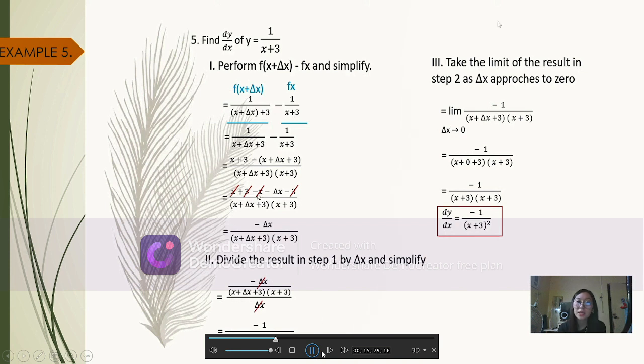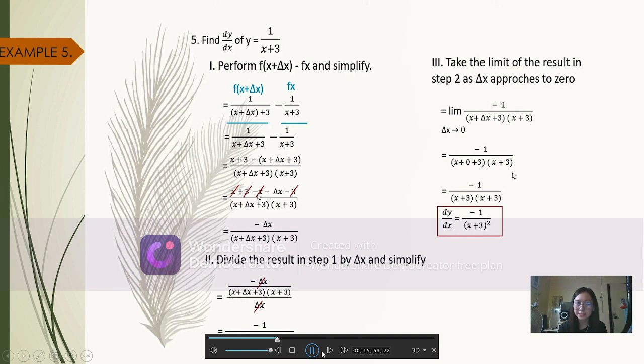Then, step 3, take the limit of the result in step 2 as delta x approaches 0. So, limit of negative 1 over (x plus delta x plus 3)(x plus 3). As delta x approaches 0, yung makikita lang daw natin na delta x is gagawin natin 0.